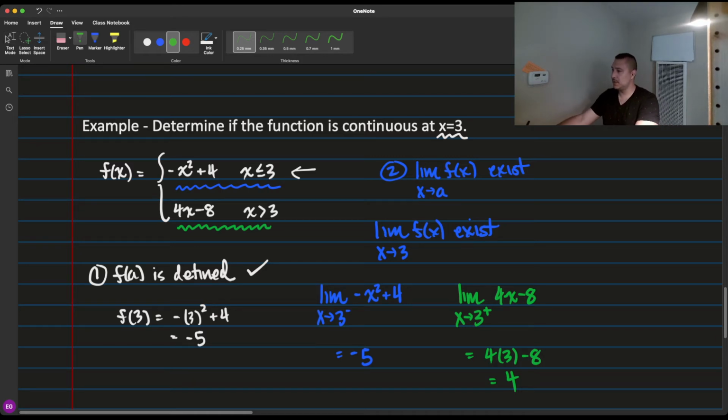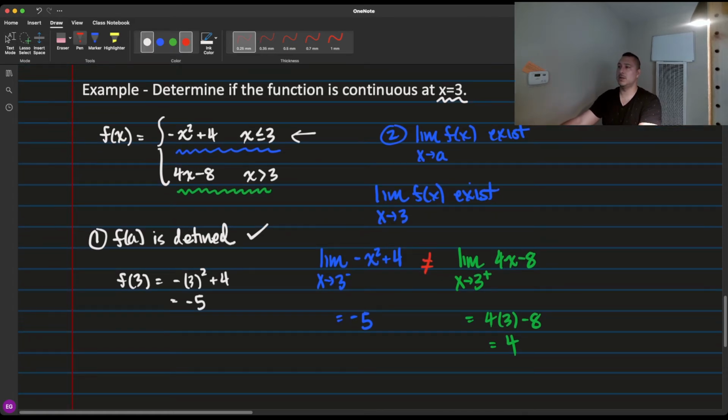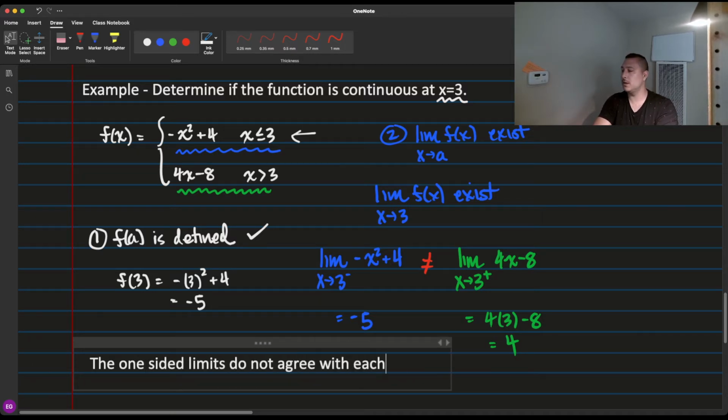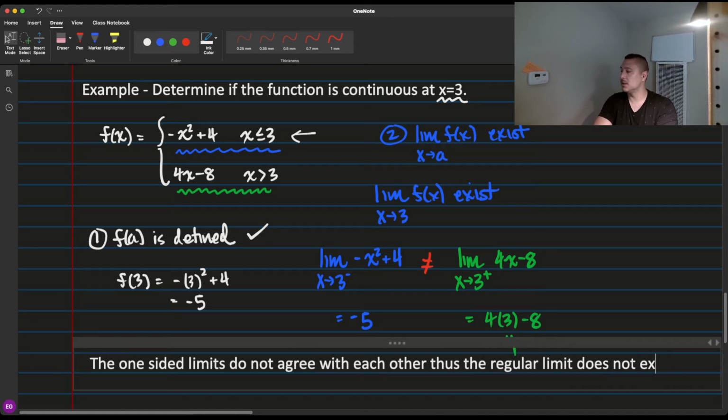Well, the one-sided limits are not equal to each other, which means the regular limit doesn't exist. So the one-sided limits do not agree with each other, thus the regular limit does not exist.